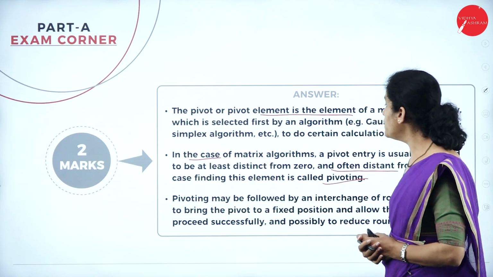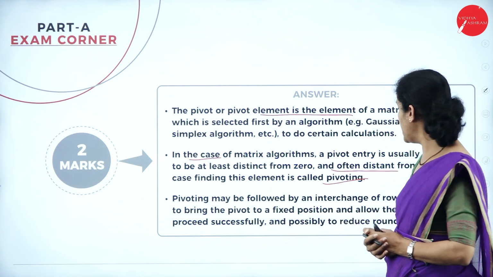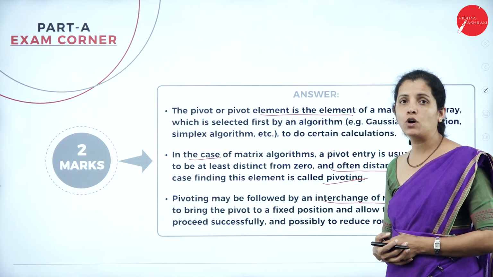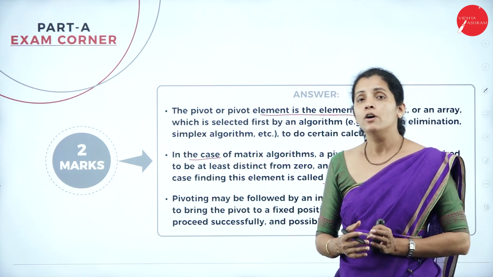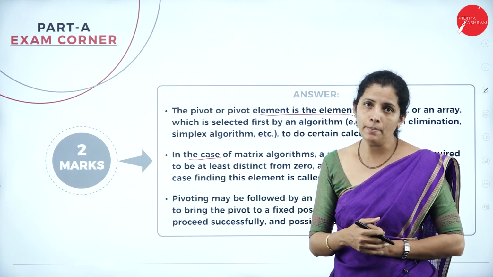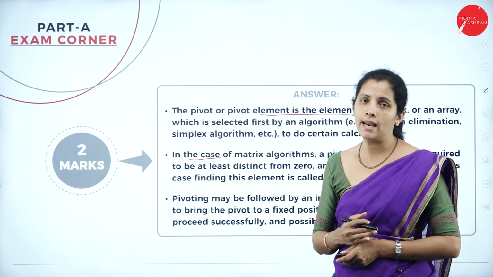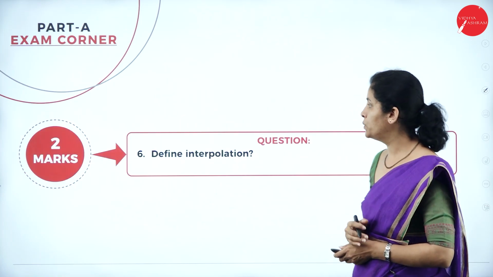Here, pivoting may be followed by an interchange of rows and columns. That means pivoting of an element can be achieved by interchanging rows as well as columns respectively.